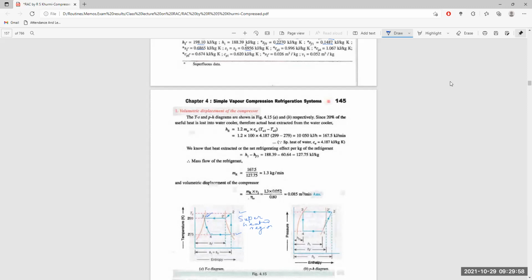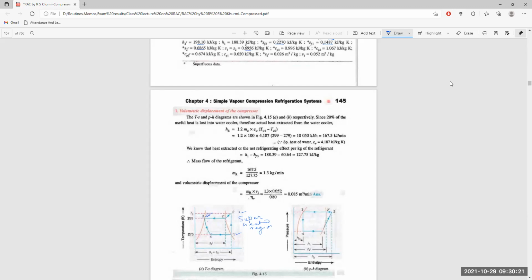Now we know CP3 is 0.996, the specific heat of the vapor refrigerant, and CP4 is the specific heat, 1.067 kilojoule per kg.